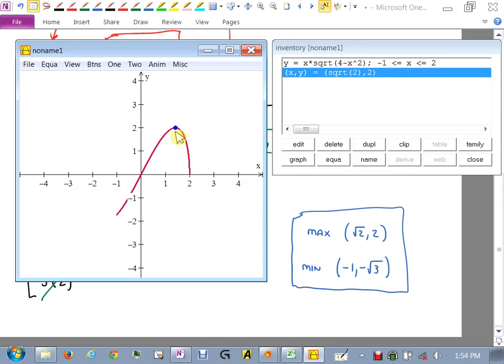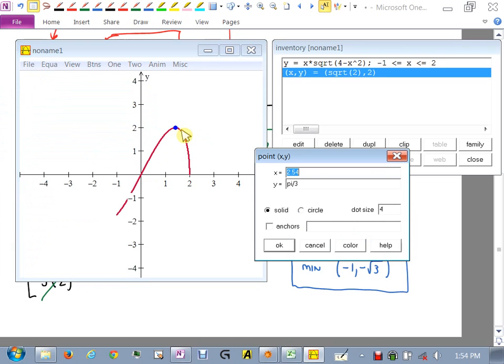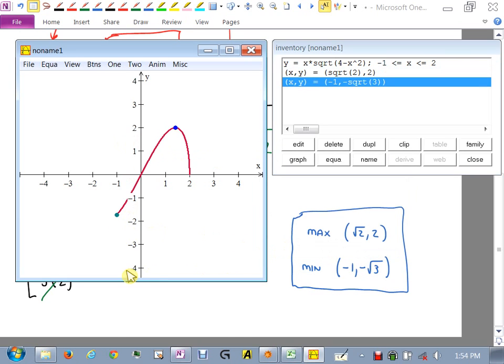There you go. That verifies that what we did was correct. And then if I do another point, that one was -1, and then -√3, it should draw a dot right there. So we found the highest and lowest points on that graph on that closed interval.